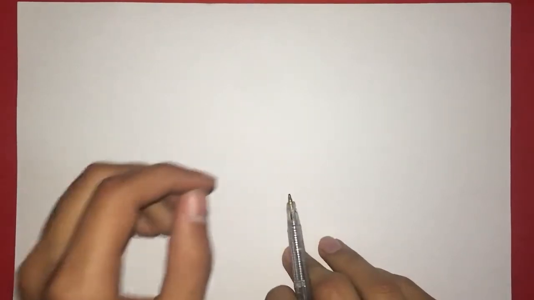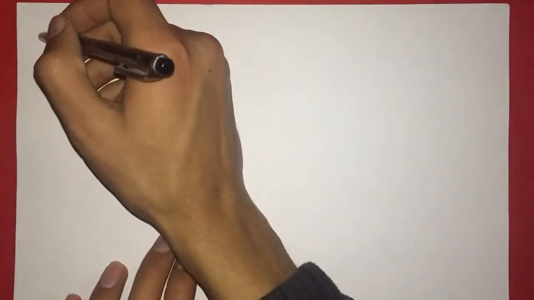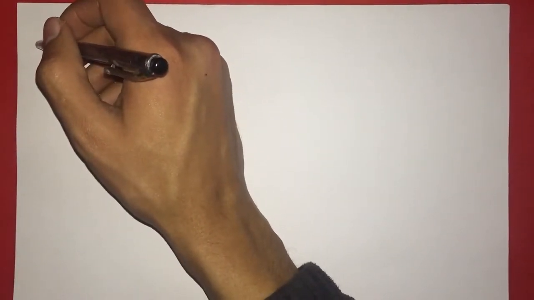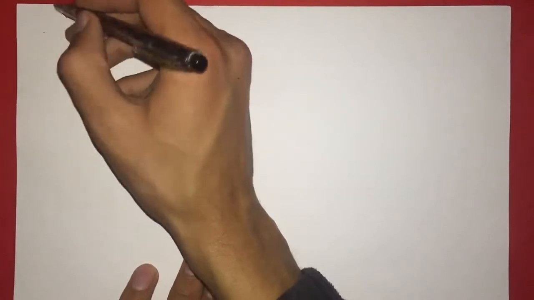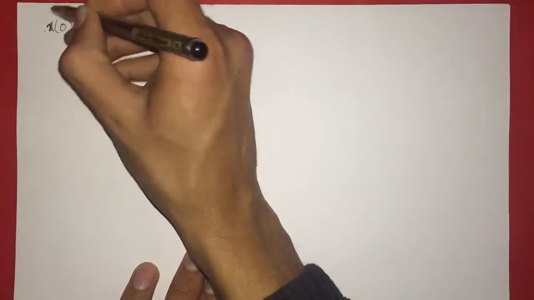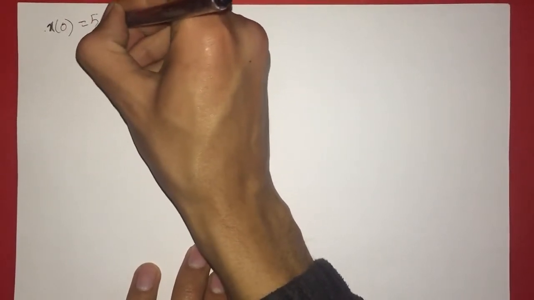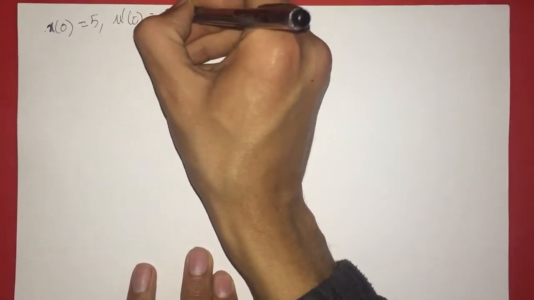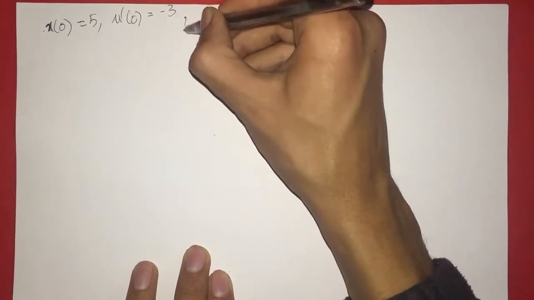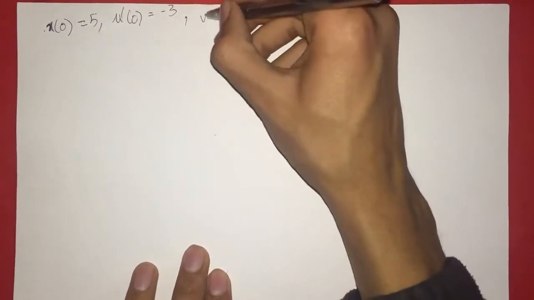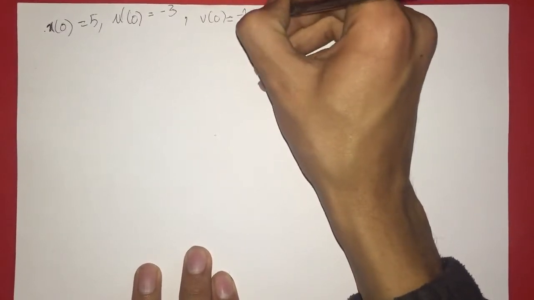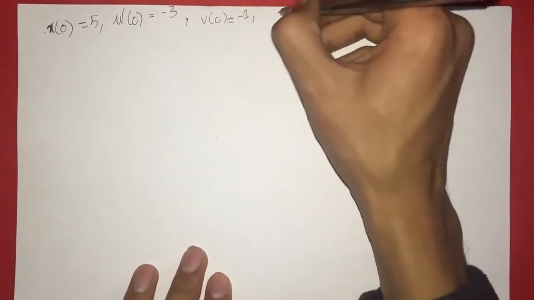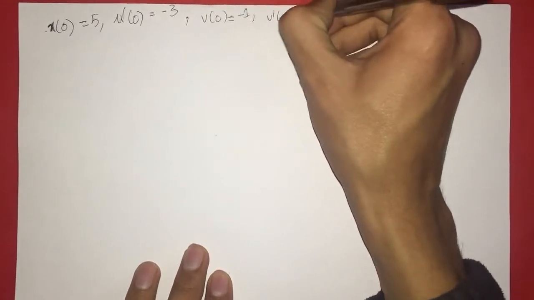Question number 39 says, suppose u and v are functions of x and are differentiable at x equals 0, and that u of 0 equals 5, u derivative of 0 is equal to -3, v of 0 is equal to -1, and v derivative of 0 is equal to 2.